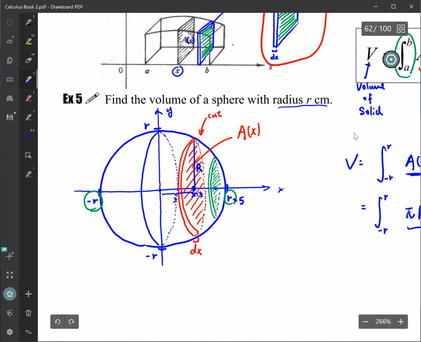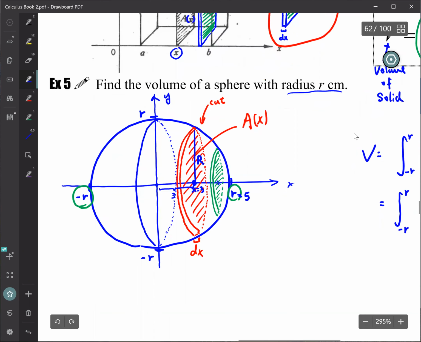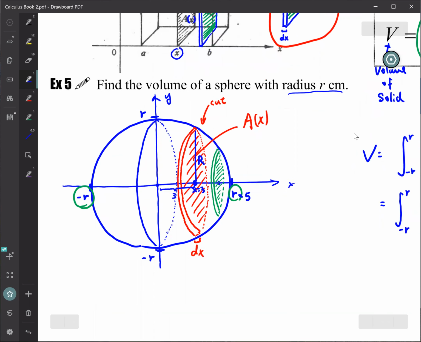So how can I use those two pieces of information to find the radius of the red disk? Let me erase the green one, so the picture doesn't look that confusing. You guys can keep thinking about this. I'm giving you more time because I know you can figure it out.